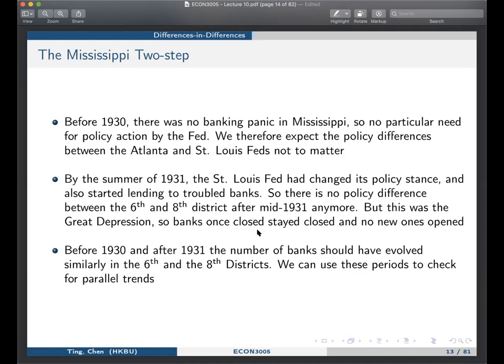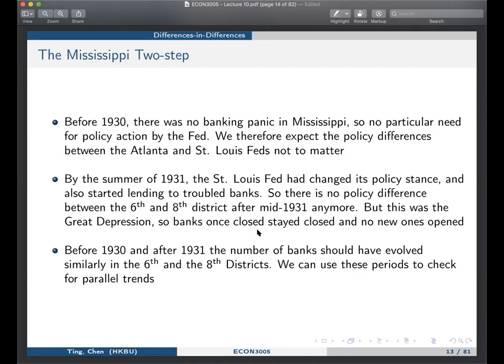But after mid-1931, because St. Louis, the control group, also started to lend money to those banks in crisis, we should consider this is not the treatment period. The treatment actually ended. But think about that, after 1931, there was also this Great Depression.